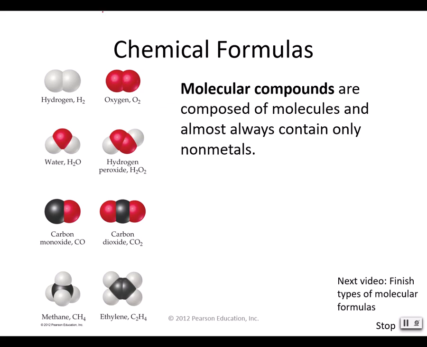But take-home message from this slide before we stop for the next video is that molecular compounds are chemical formulas that always contain nonmetals. In the next video, we're going to finish up types of molecular formulas, and then we're going to progress on to ionic compounds.